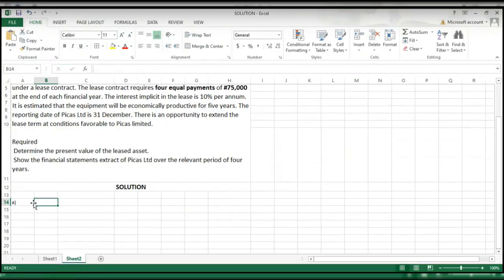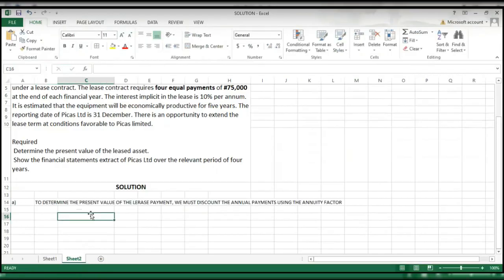So the explanation: to determine the present value of the lease payment, we must discount the annual payments using the annuity factor.